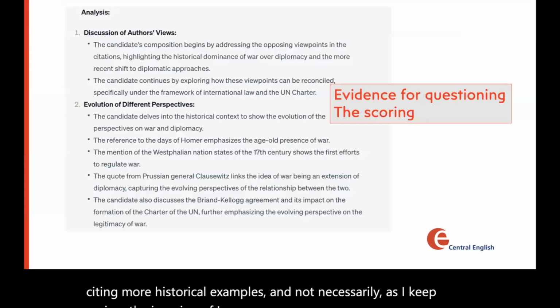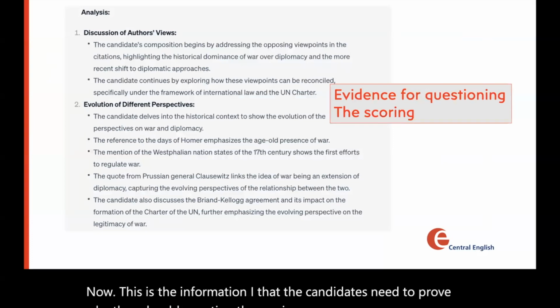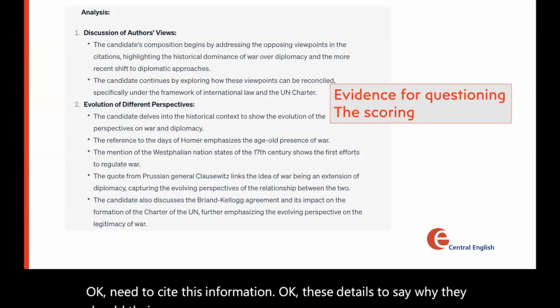Okay, and this is the analysis that was given. Now, this is the information that the candidates need to prove why they should question the scoring. Okay, need to cite this information.